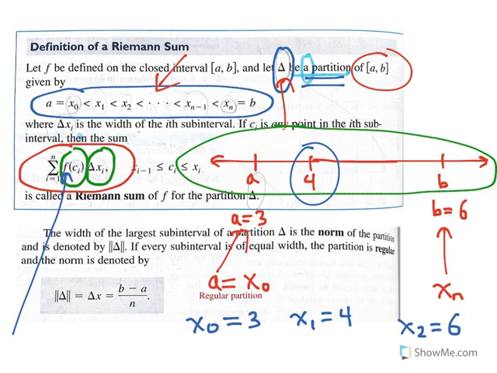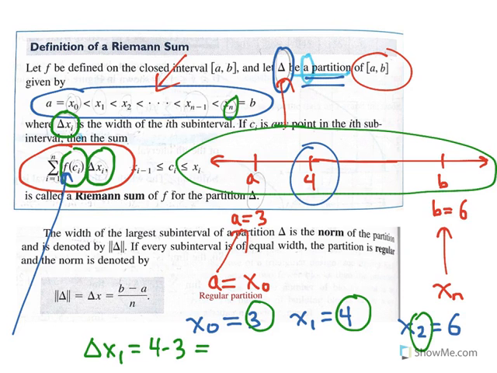Okay, so n here represents the number of subintervals you have. In my diagram, I have two subintervals. And you see here where delta x sub i is the width of the ith subinterval. What does that mean? If I look at delta x sub 1, it is going to be equal to 4 minus 3, and the width of my first subinterval will be 1.